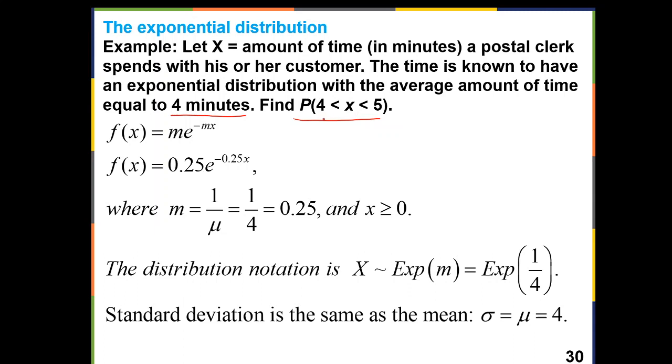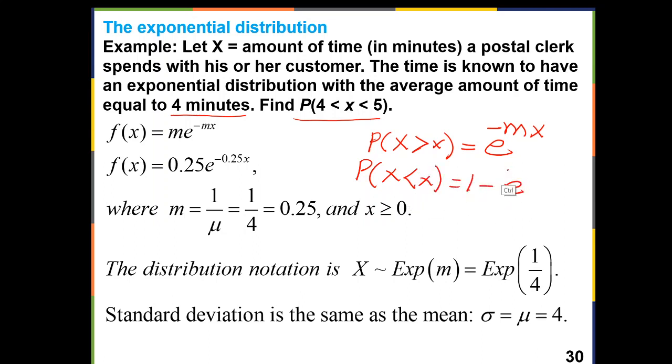There are two different ways to do this. I'm going to do it both ways. We don't have a direct formula. Remember, we have two formulas. One of them says the probability that x is greater than x is given by e to negative mx, and the probability that x is less than x is 1 minus that, right?